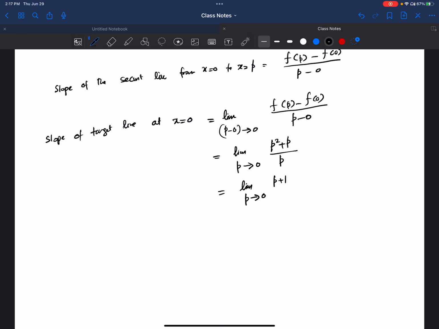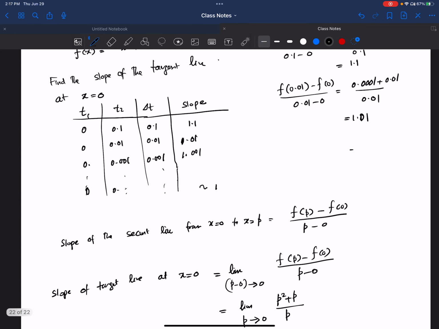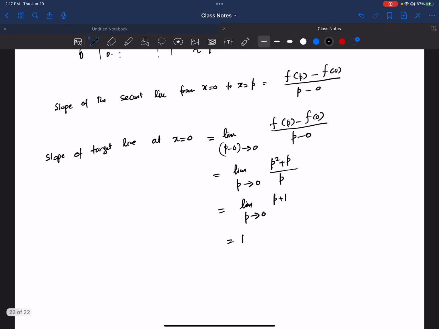When p goes to 0, this quantity p becomes 0, and then you end up with 1. So here also we obtained the value numerically, and this is obtaining the value arithmetically. It's the same. So there are numerical methods and arithmetic methods.